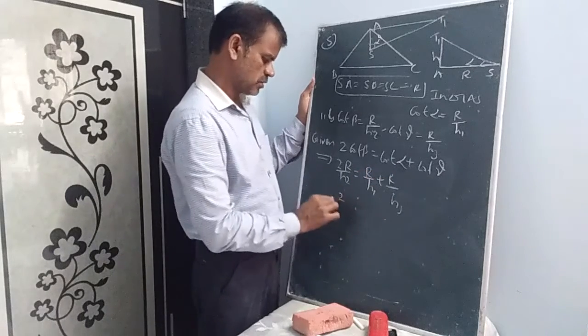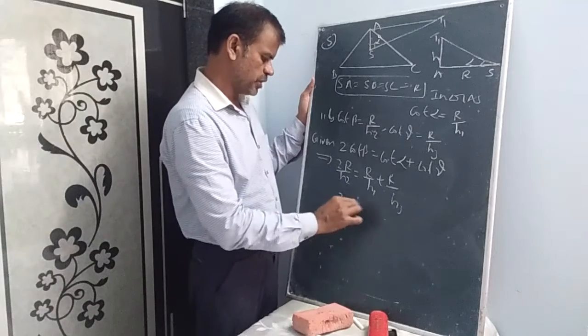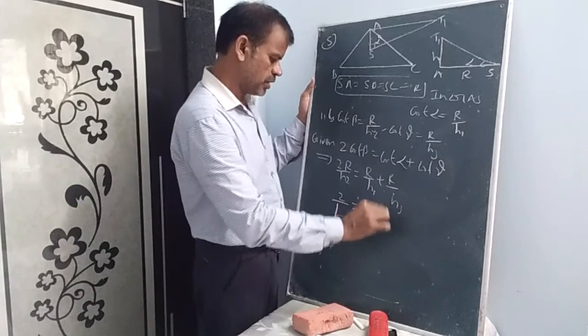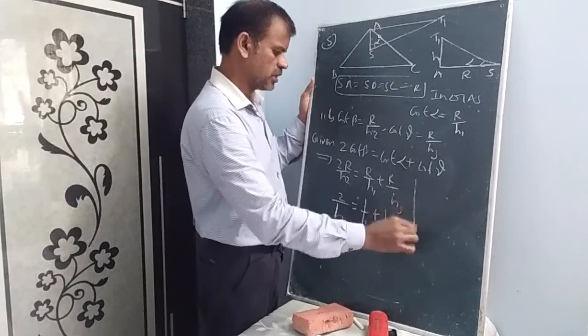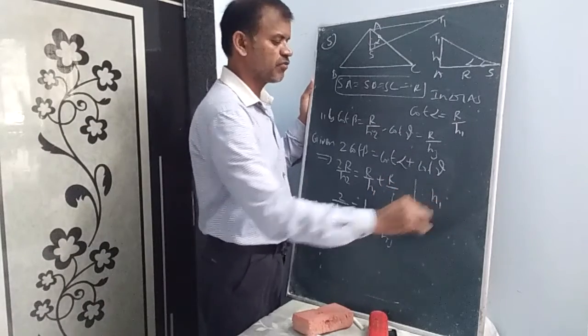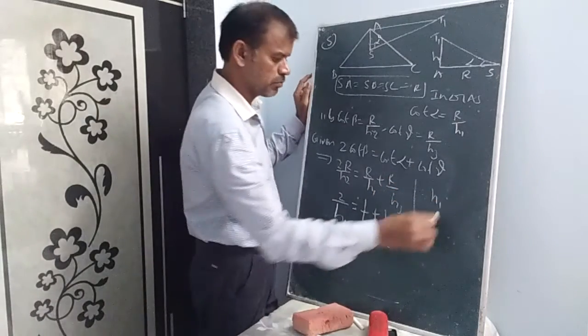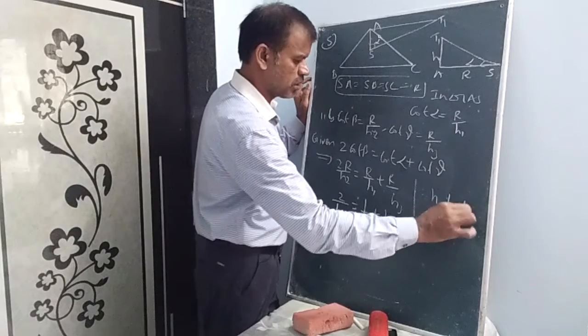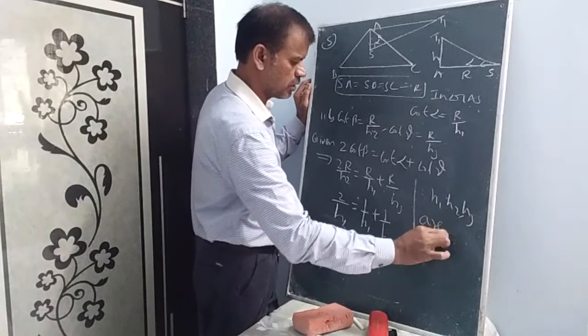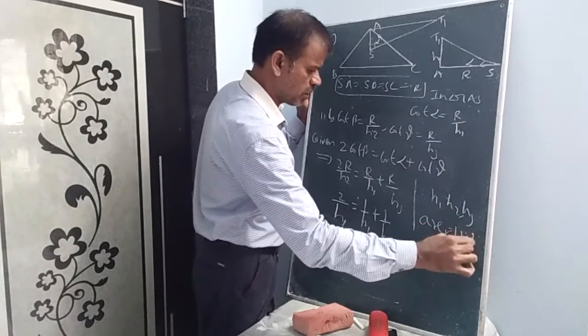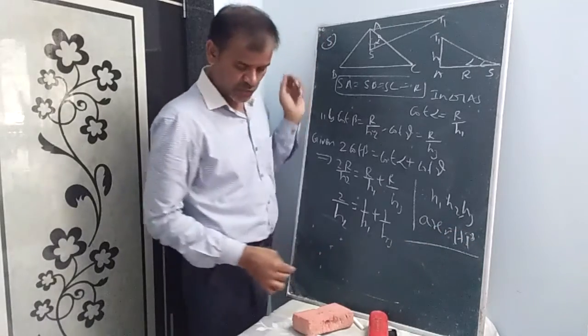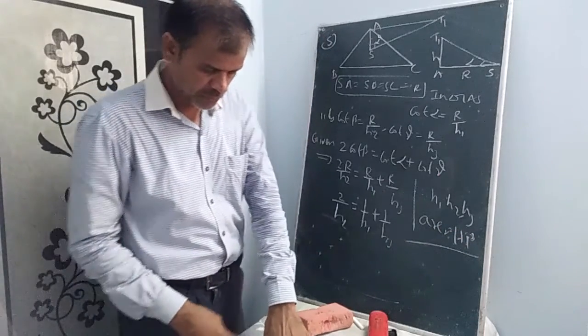R gets cancelled. So 2 by H2 equals 1 by H1 plus 1 by H3. This is of the form 2 by b equals 1 by a plus 1 by c. So H1, H2, H3 are in harmonic progression.